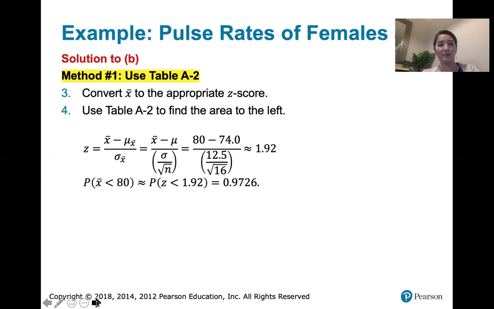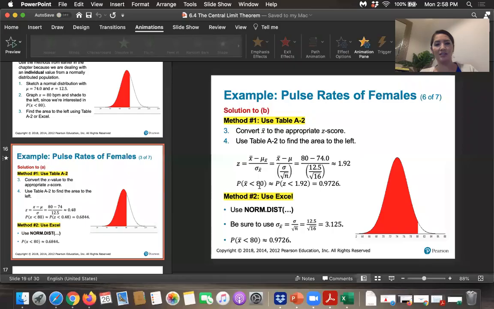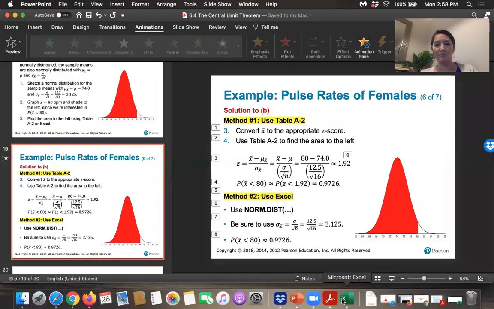Now, if I want to find the probability that x bar is less than 80, that turns out to be the same as the probability that z is less than approximately 1.92. And if we go to our table and we look this up, we get a probability of 0.9726. Let me show you in the table.